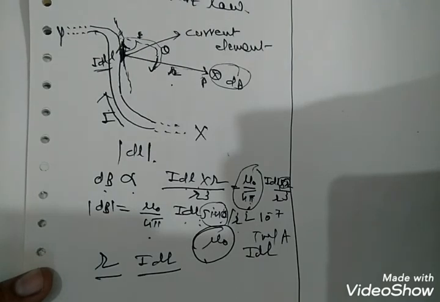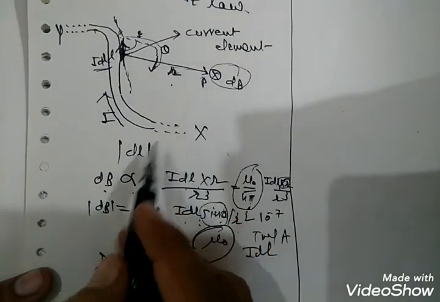Now the fourth one is that there is an angle dependence in the Biot-Savart law which is not present in the electrostatic case. The magnetic field at any point in the direction of dl is 0.